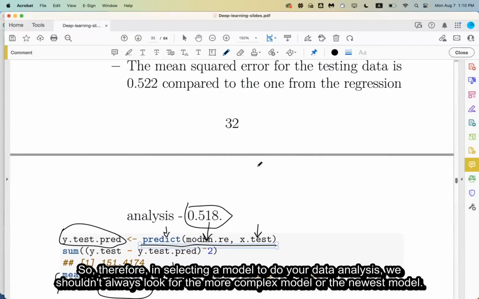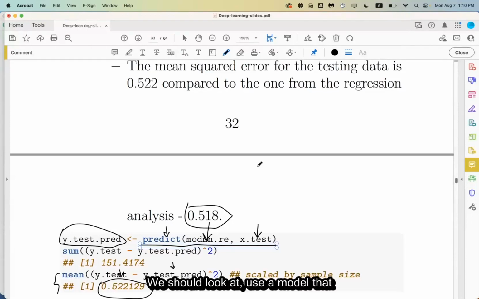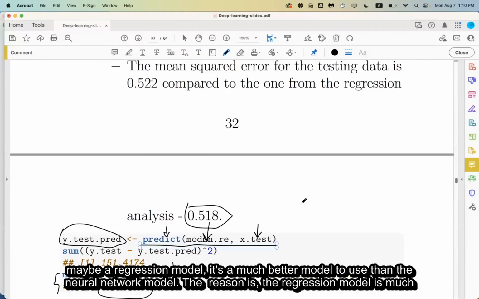So therefore, in selecting a model to do a data analysis, we shouldn't always look for the more complex model or the newest model. We should use a model that fits the need of our data analysis better. So in this situation, maybe a regression model is a much better model to use than the neural network model.